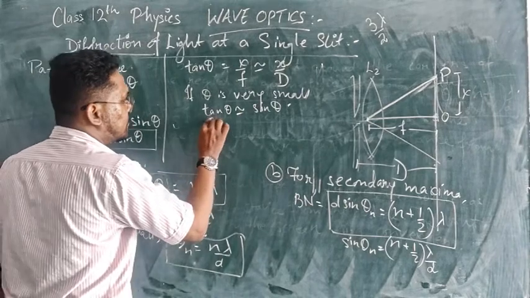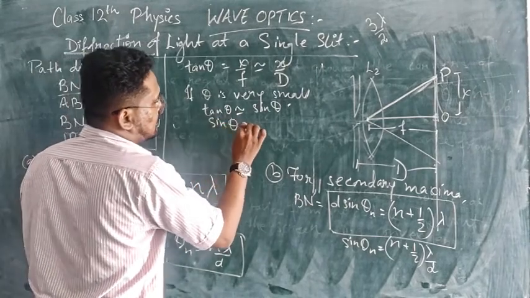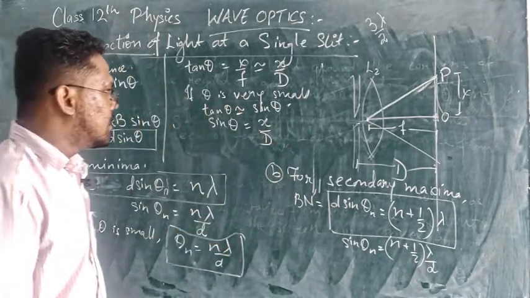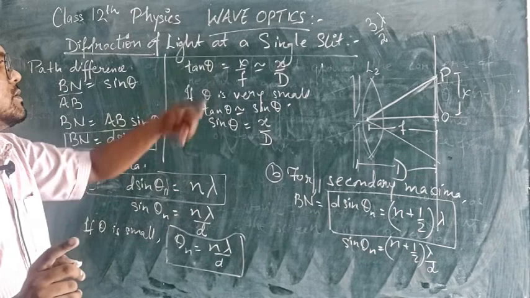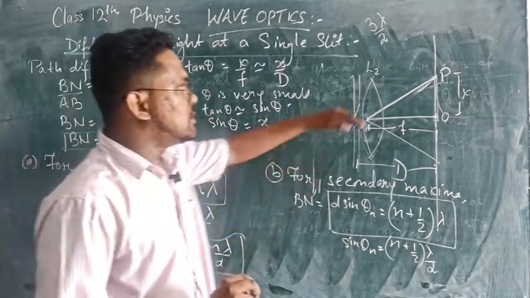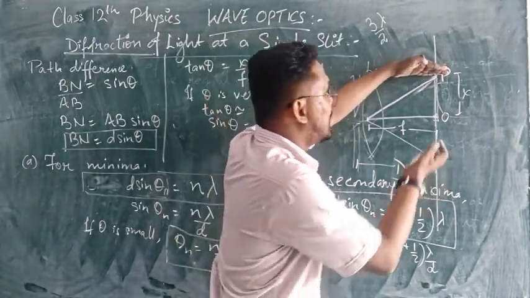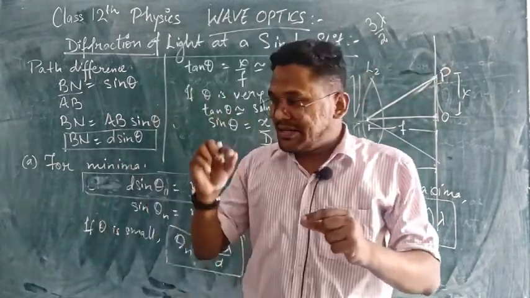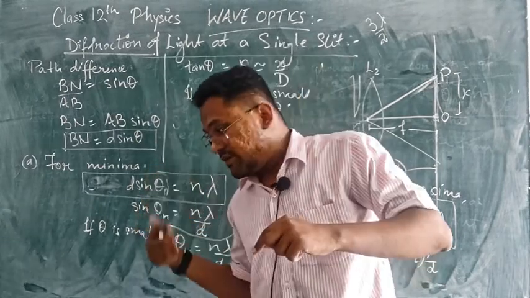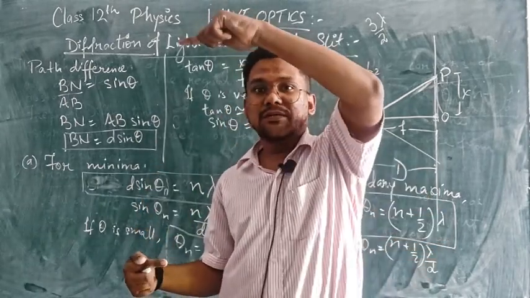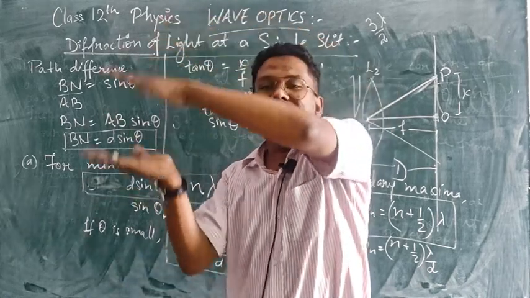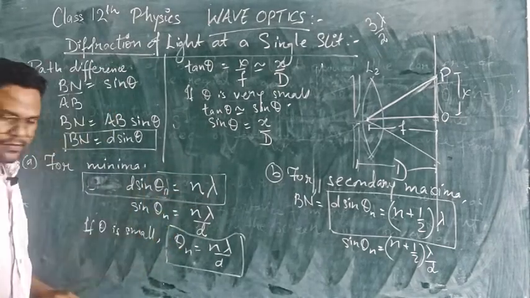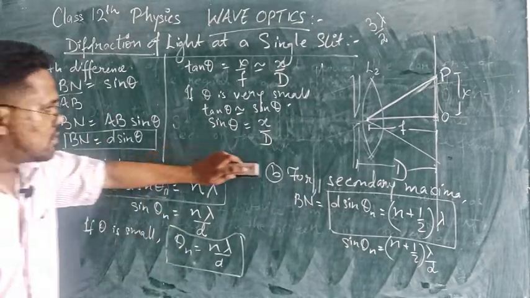So we can have sin theta equals x by D. If I am taking the first minima, it should be the position of first minima, then we get the width of central maxima. The width will be the distance between the first minima down and the first minima up, correct?